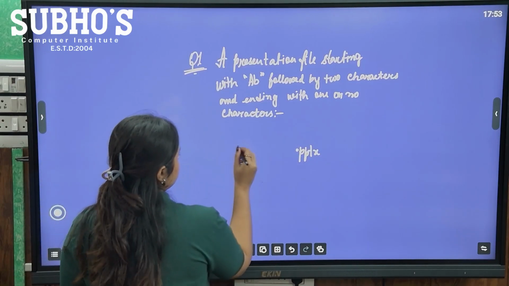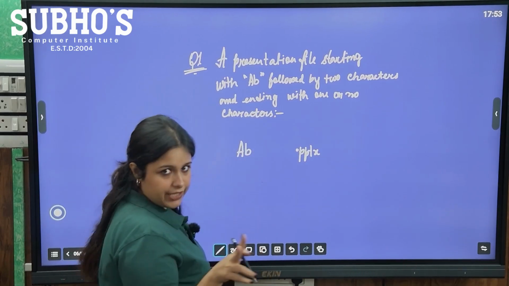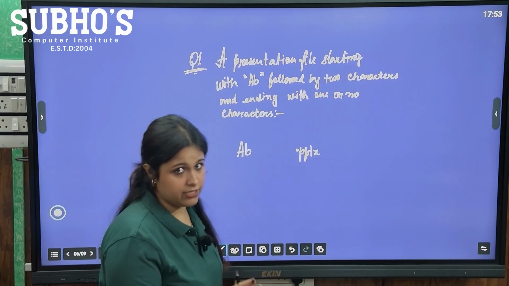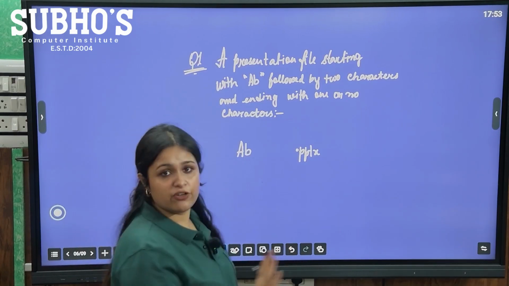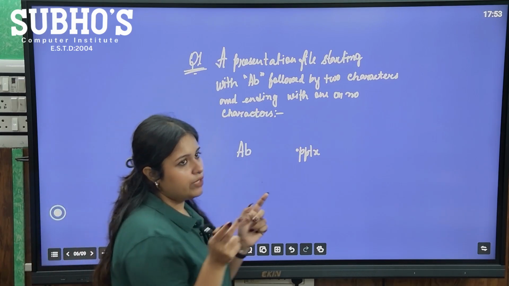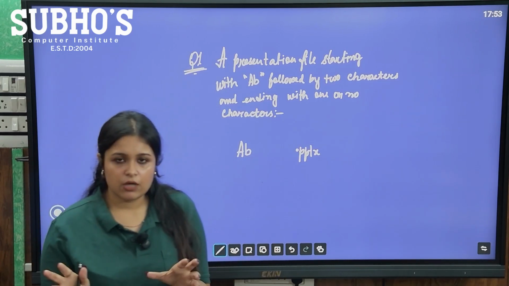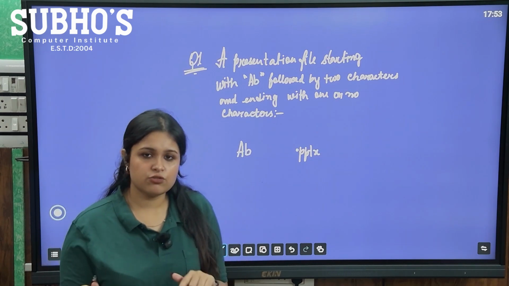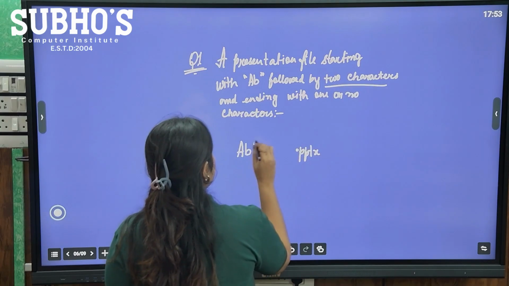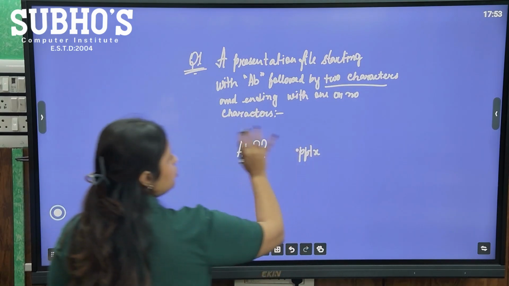Starting with AB, okay, it starts with AB and it is followed by 2 characters. এখানে দুটো ক্যারেক্টার মানে আমি এখানে স্পেসিফিক্যালি বলে দিচ্ছি দুটো ক্যারেক্টার. I have not written a set of characters. আমি স্পেসিফাই করে দিচ্ছি দুটো ক্যারেক্টার আছে. And if we rewind a little bit, we'll be able to figure out যে question mark, it refers to individual characters. So এখানে যেহেতু দুটো ক্যারেক্টার বলে দিয়েছে, আমি দুটো question mark দেব and ending with 1 or no characters.